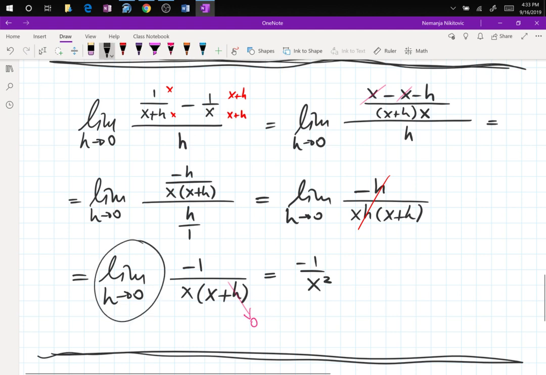So this is limit as h goes to 0, which is why you are killing h. And then you have x times x left, which is x squared. So the x value prevails all the way to the end of the problem. So you have to be careful which variable the limit affects. It's not going to affect all of the variables the same because it depends where they are in a problem.